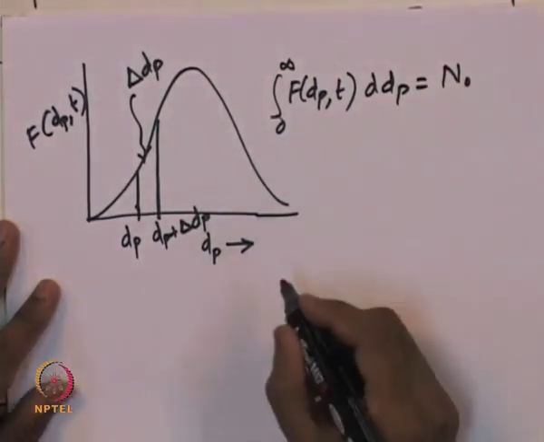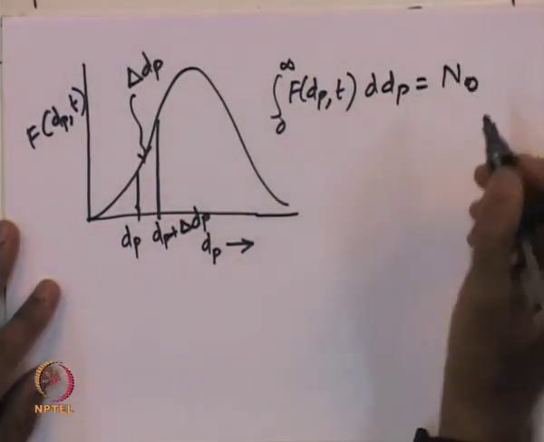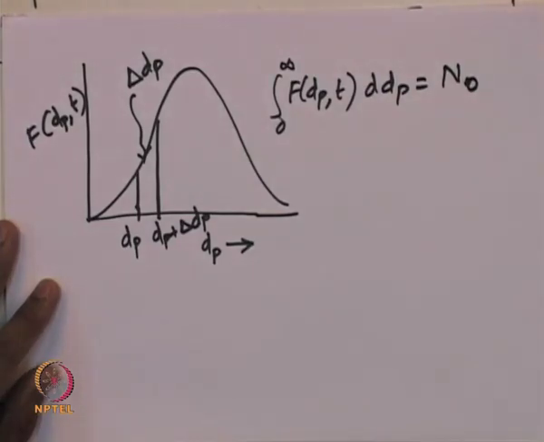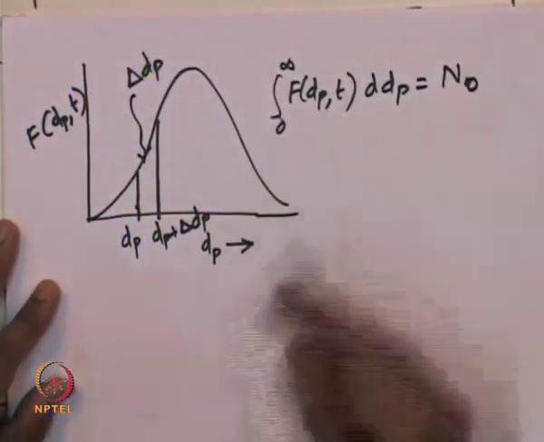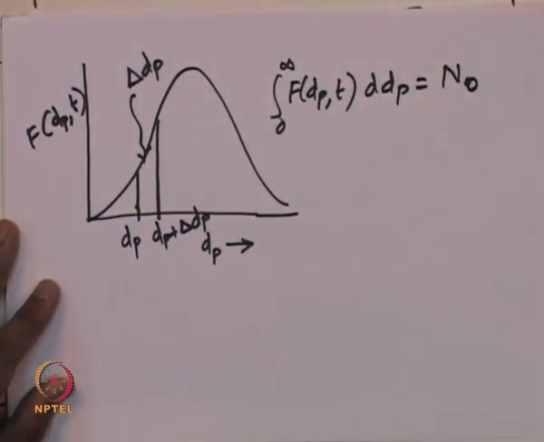That is the total number of particles initially present, and because no new particles are added, the particles only dissolve and disappear. So, if the particles are of some finite size at all times, the integral under the curve up to infinity should equal the total number of particles itself.